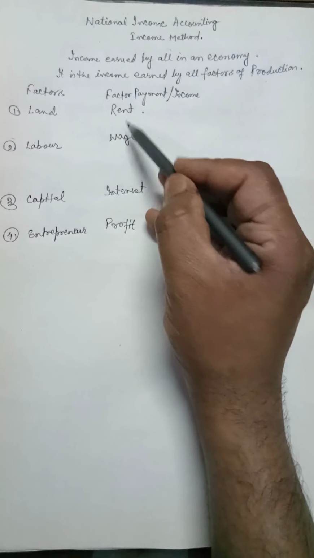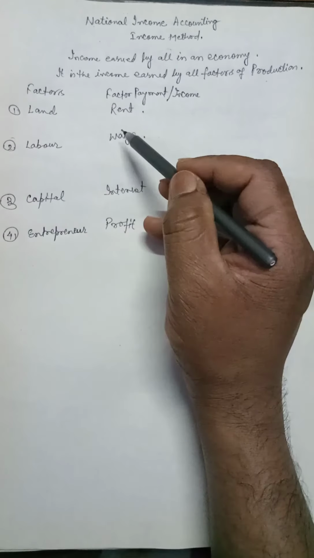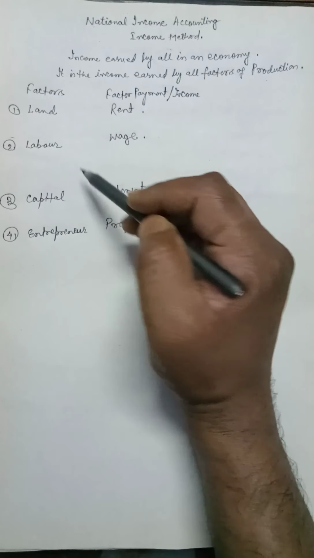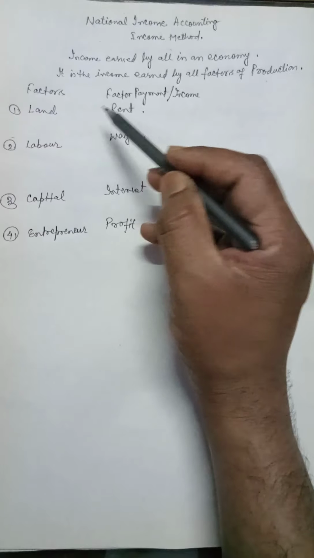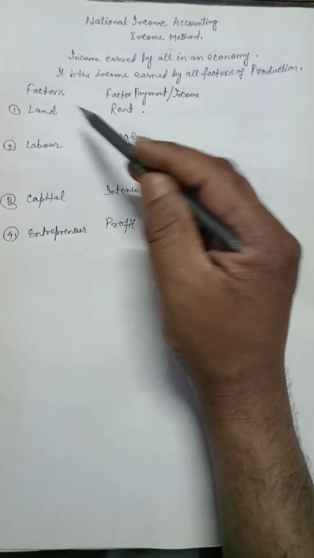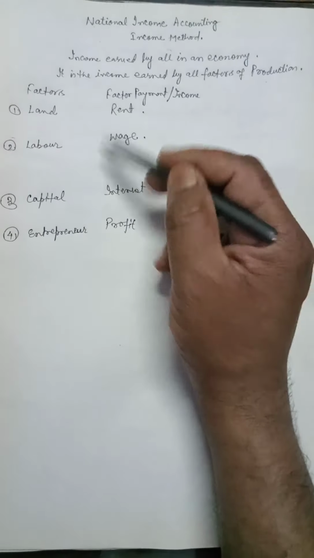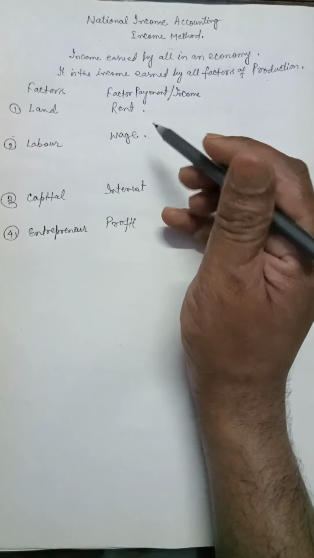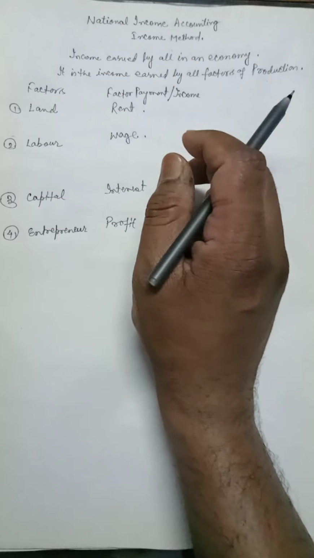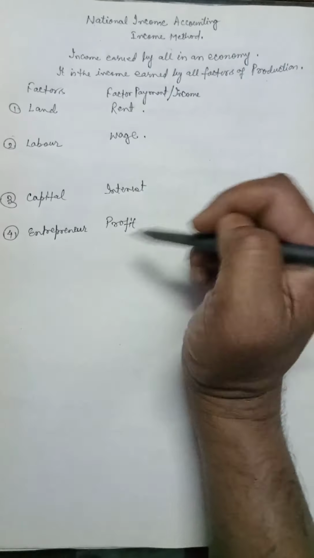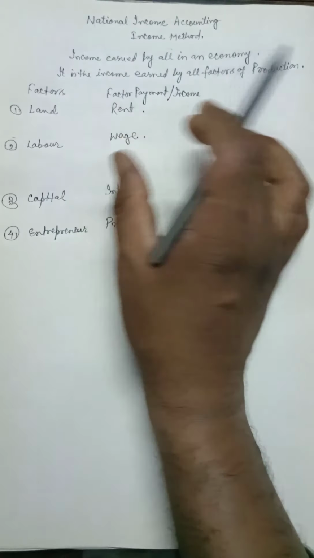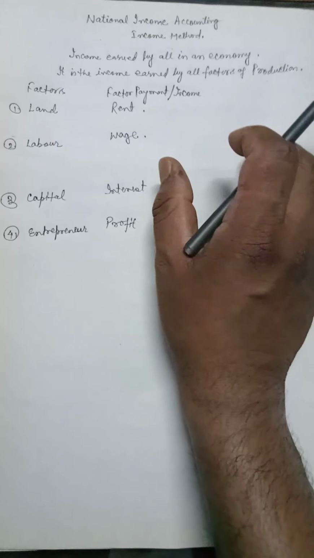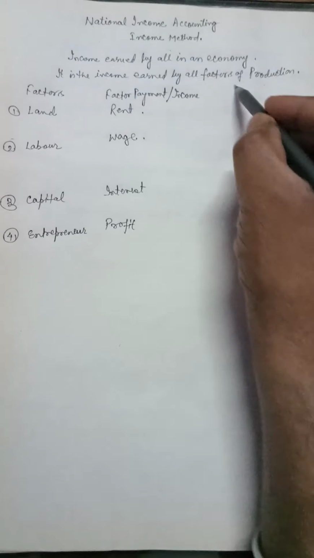These are the factor payment for these factors of production, or in other words, it is the income earned by these factors, and this is the sum total which we are going to club together, that will give us the national income, although we have to convert a bit. Now these are the factor payments. Now how do we treat them when we are using them for accounting of national income?